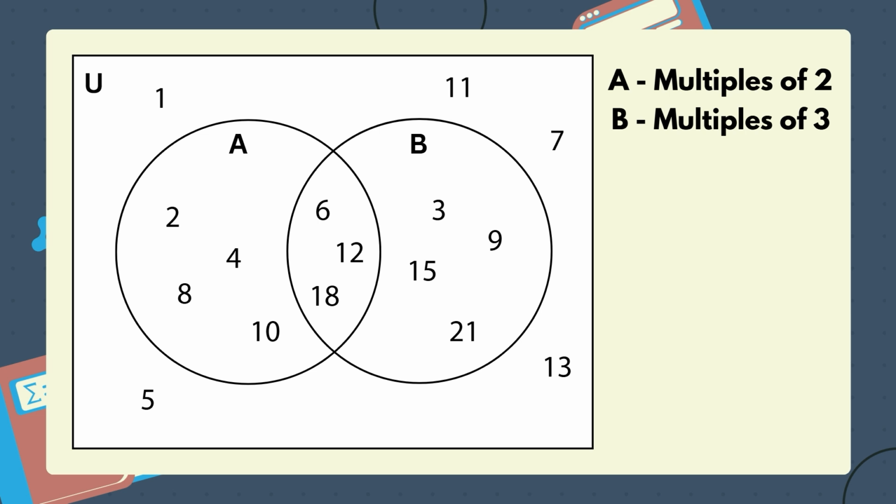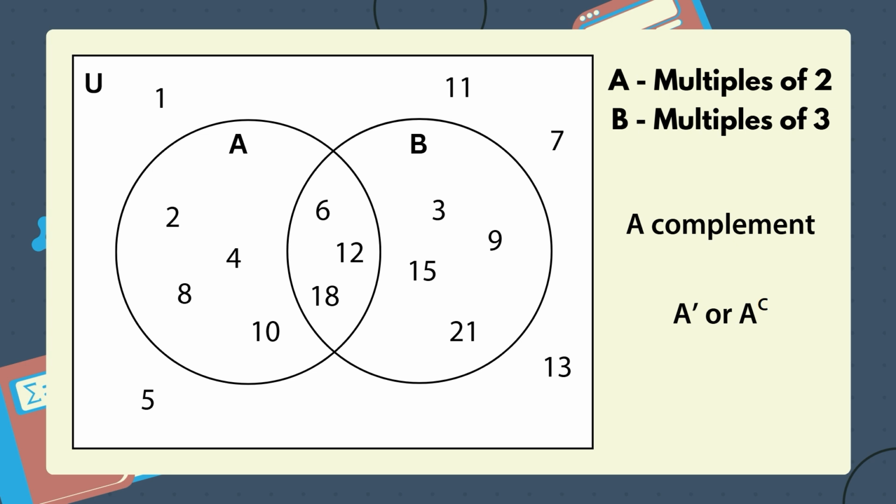Continuing with our same Venn diagram, where A represents multiples of 2 and B represents multiples of 3, we are going to talk about a few more symbols that we need to know. For example, A complement. You can see this written two different ways: A apostrophe or A with C superscript.